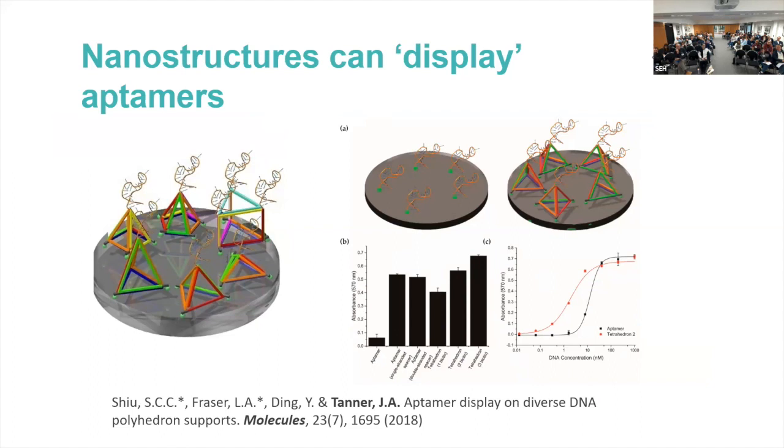And DNA nanostructures can do that very uniformly at the molecular level. So for example, if you put the aptamer on top of a tetrahedron, then it increases the efficacy of this assay. This is a particular colorimetric assay of a protein binding on top of this aptamer. And in red is for the tetrahedron, and black is just the aptamer. So nanostructures can help aptamer function as well.